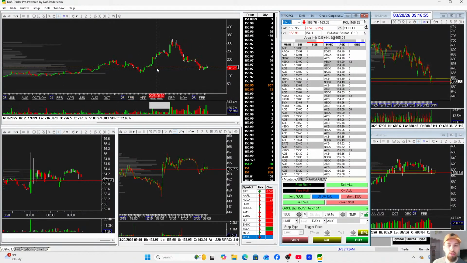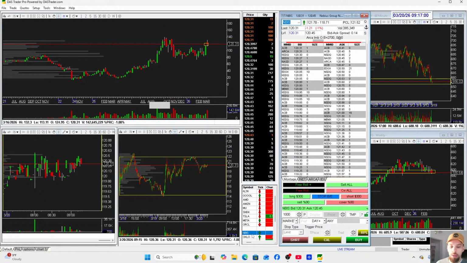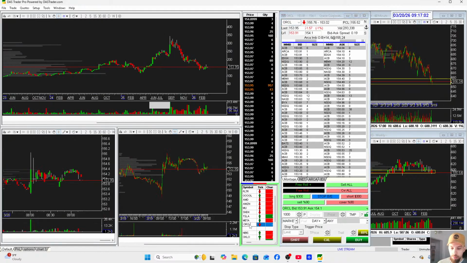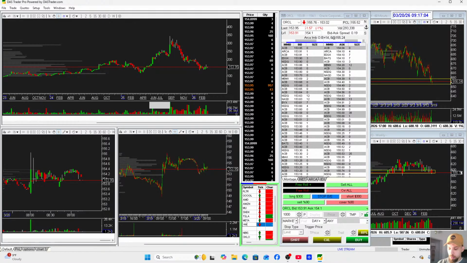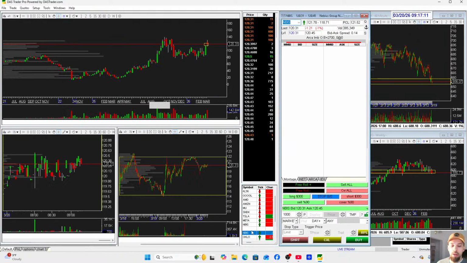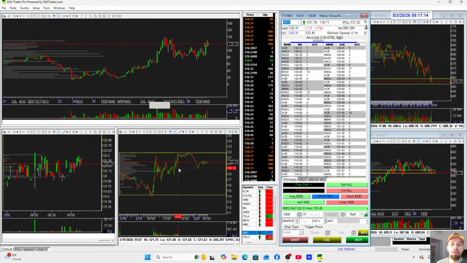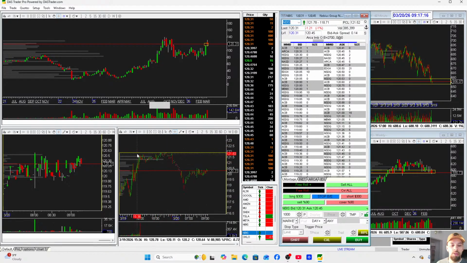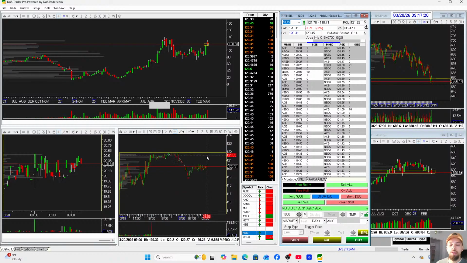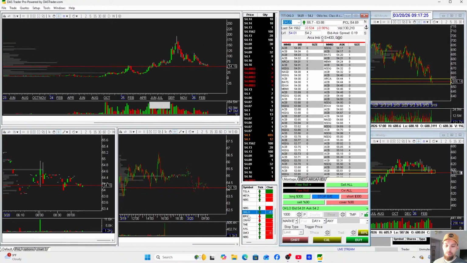Meta, Oracle, nothing really going on there. NBIS. Something to watch as well. It's at a pretty close, significant area of resistance here, so it'd be nice to see price shoot up to there and watch the price action, see what it does. We had a SMCI.